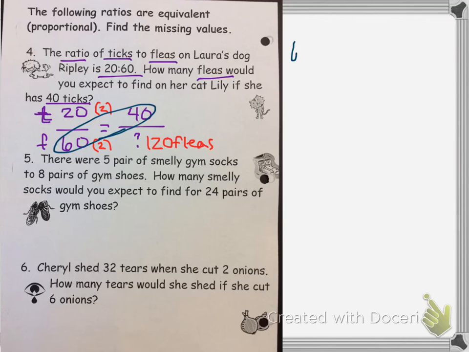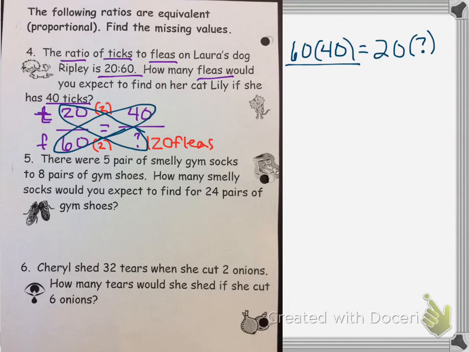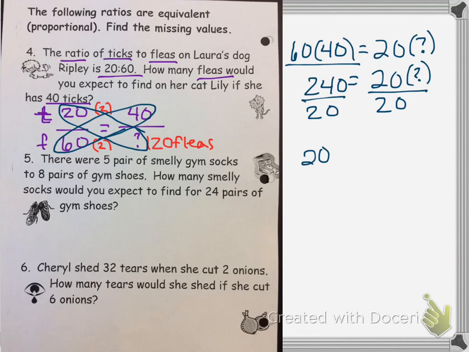60 times 40 needs to be equal to 20 times something. Well, I know that 60 times 40 is 240 is equal to 20 times something. I need to ask myself, what times 20 is 240? Well, how could I figure that out? Well, we could divide. I'm going to take off my zeros here. 240, I took that 0 off.